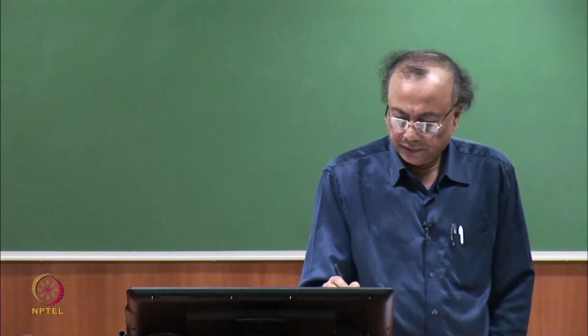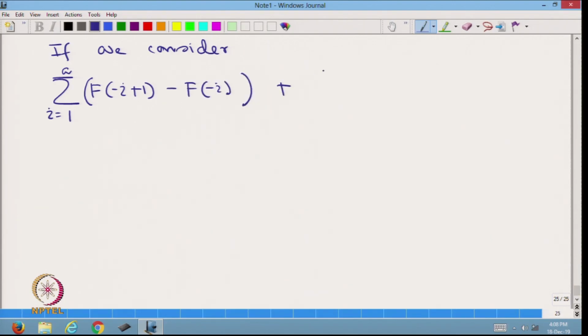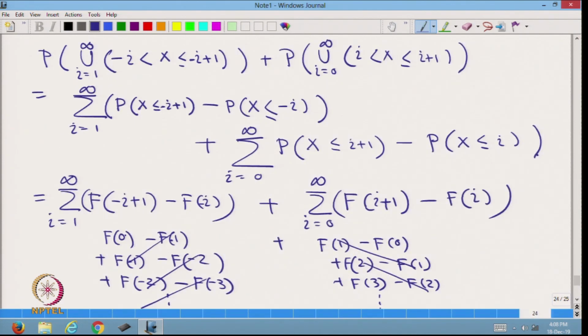Therefore, if we consider sigma i is equal to 1 to a of F of minus i plus 1 minus F of minus i, plus sigma i is equal to 1 to say b of F of i plus 1 minus F of i, then after cancellation, everything will cancel.